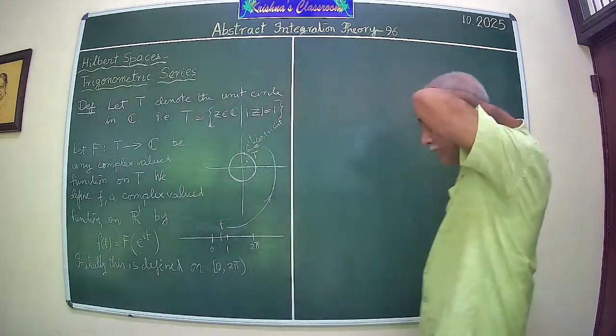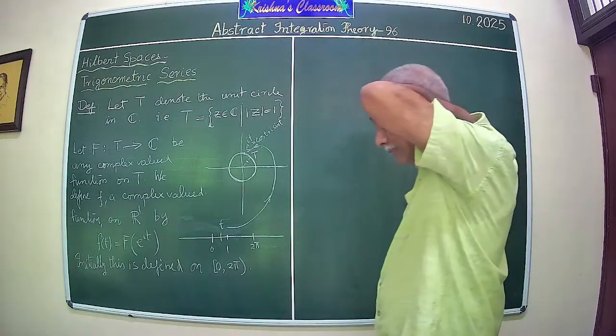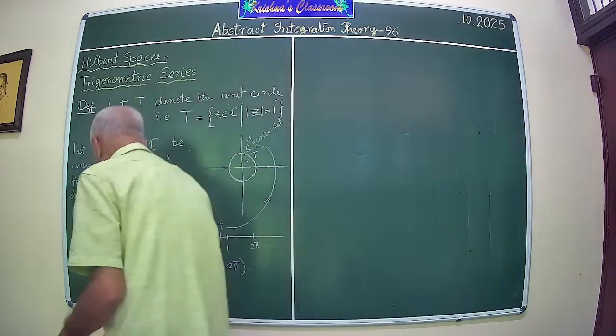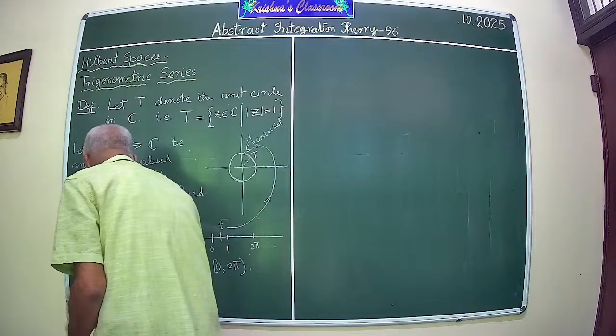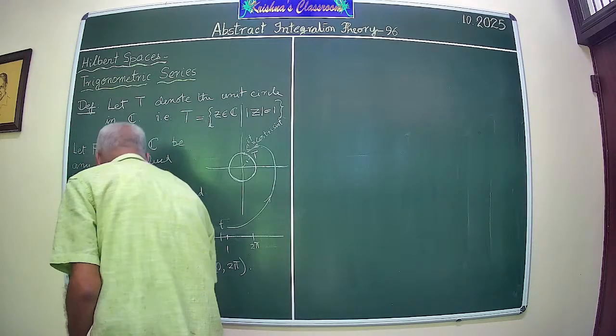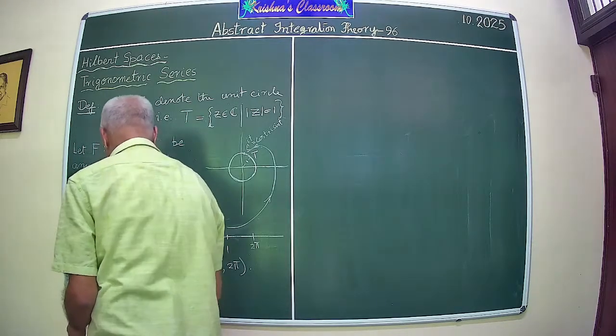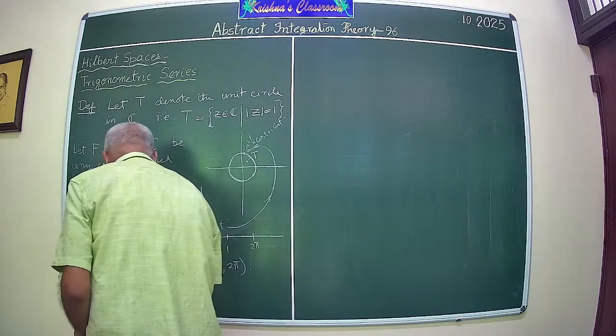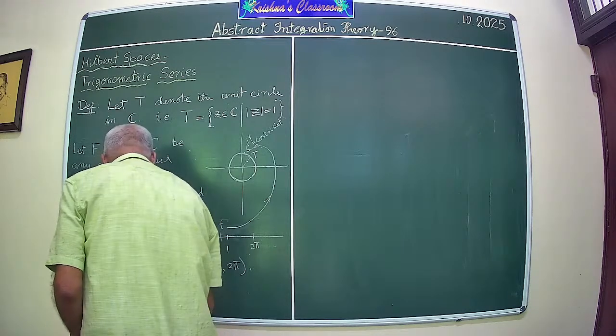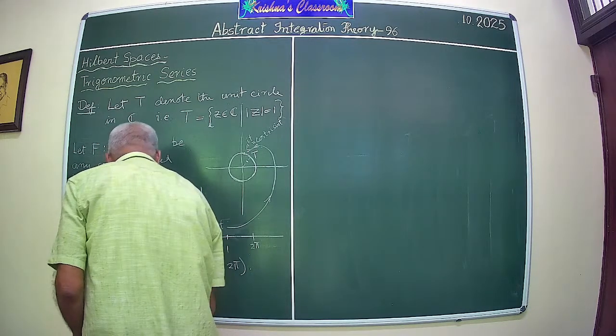But one thing that you observe is that e to the power it is equal to e to the power i times t plus 2n pi.